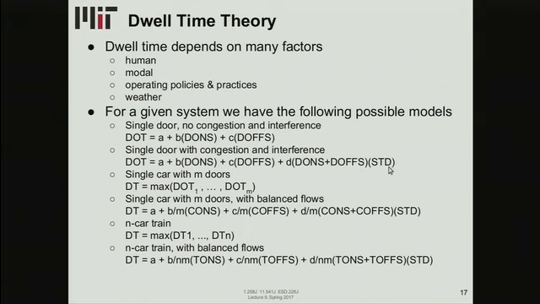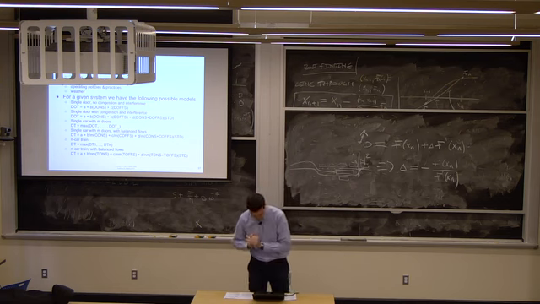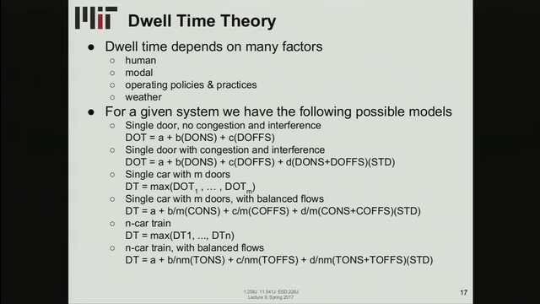STD here stands for standees. So the number of people getting on and off are the people that would have moved faster if there hadn't been any standees. To the extent that there are many standees, they encounter friction as they're getting on and off, and that slows the vehicle down. So that's one way of taking care of this.